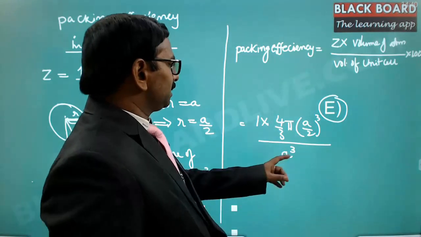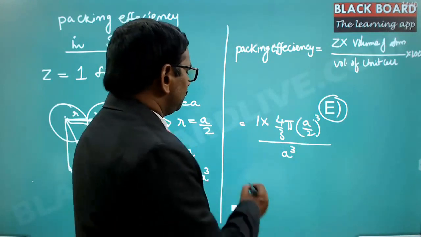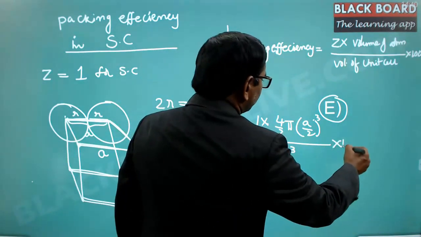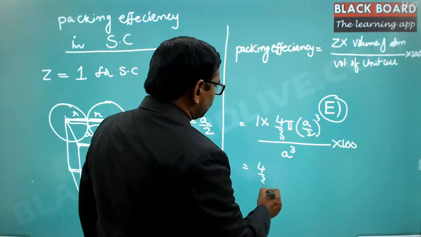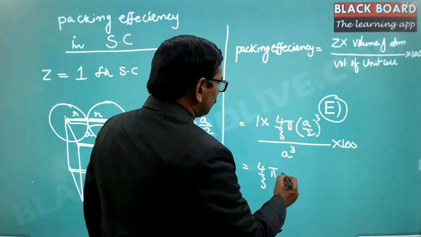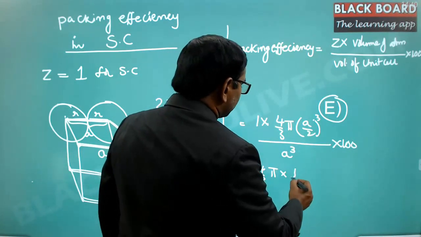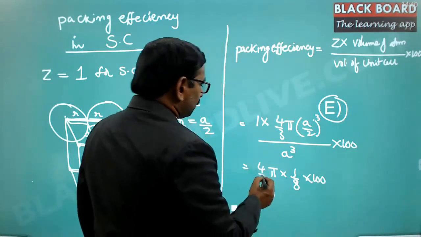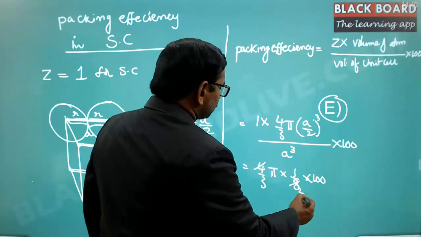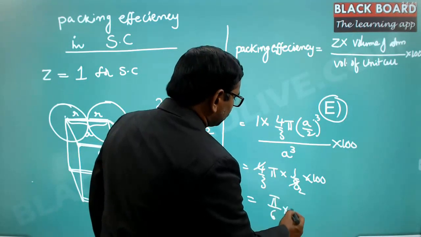By expanding this, a cube will be cancelled. 1 by 2 cube is nothing but 1 by 8, and 4 will be cancelled with 8 two times. Then you get pi by 6 into 100.